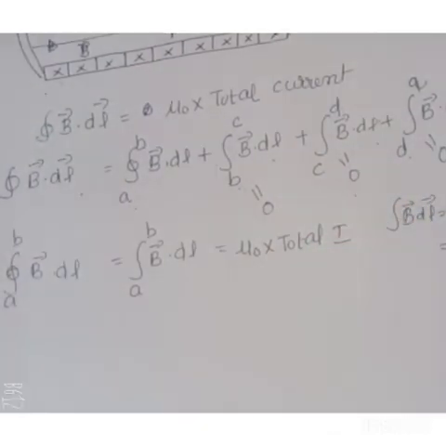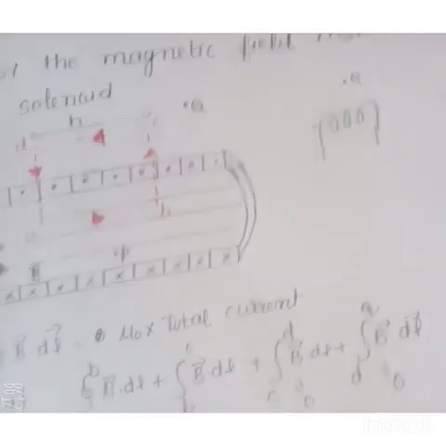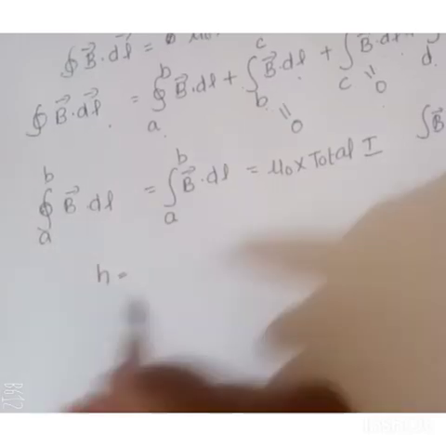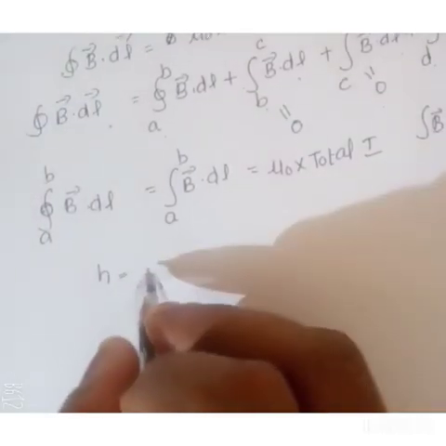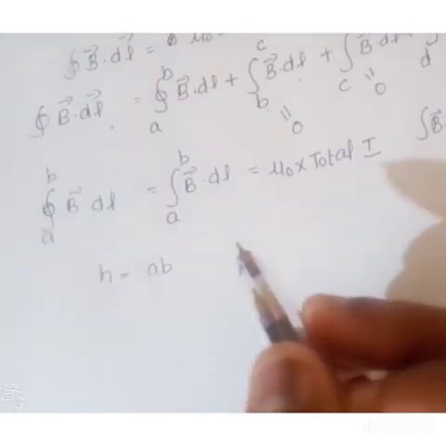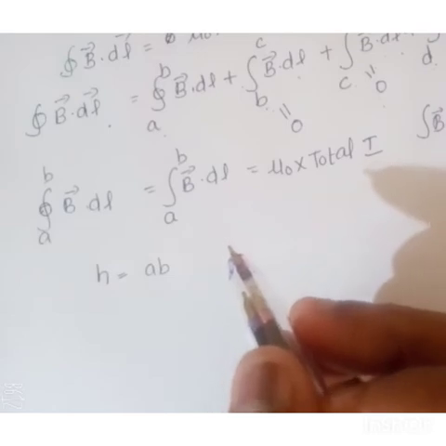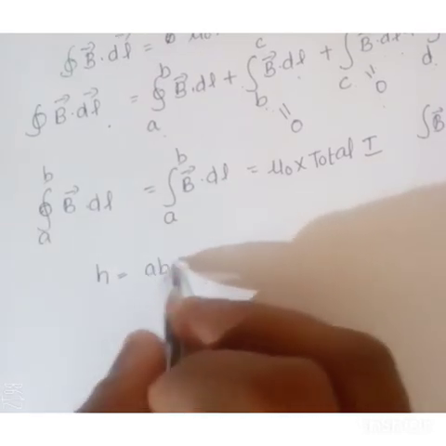Then you know that h is equal to the length of the side AB of the rectangular loop ABCD. This one is the length.